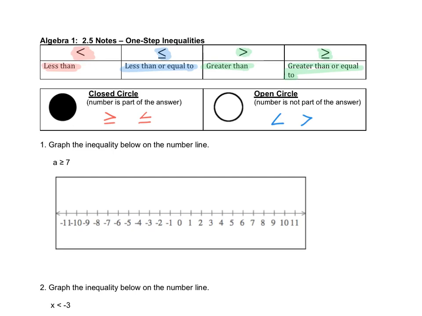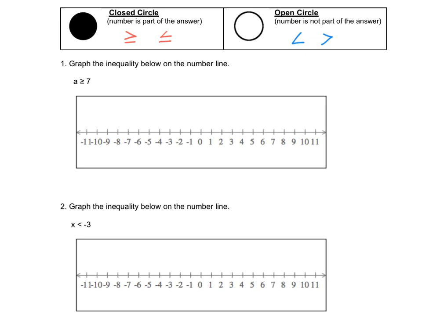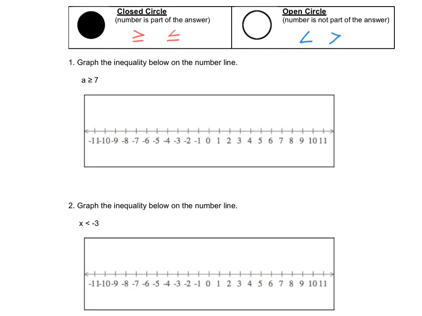So when you're asked to graph an inequality, like in this first example, a is greater than or equal to 7, what you are doing is graphing a closed or an open dot, and then you're going to shade where it is pointing. The greater than or equal to symbol is a closed dot. So I'm going to find 7 and put a closed dot there.